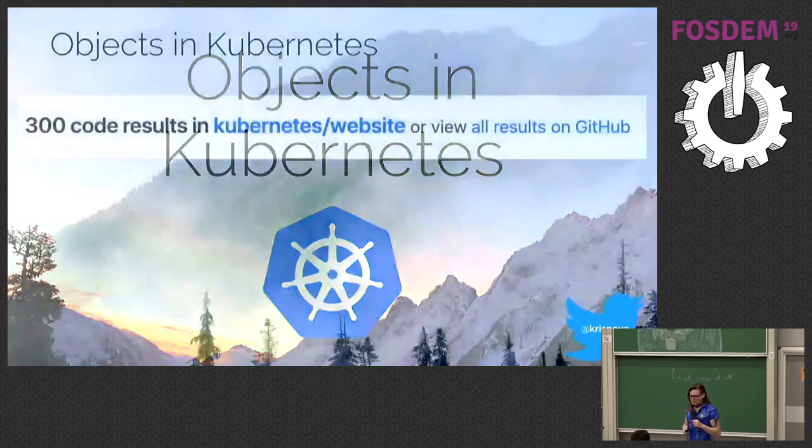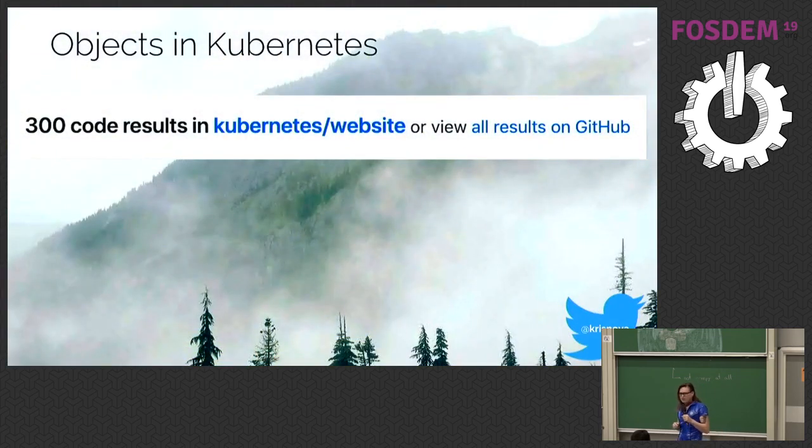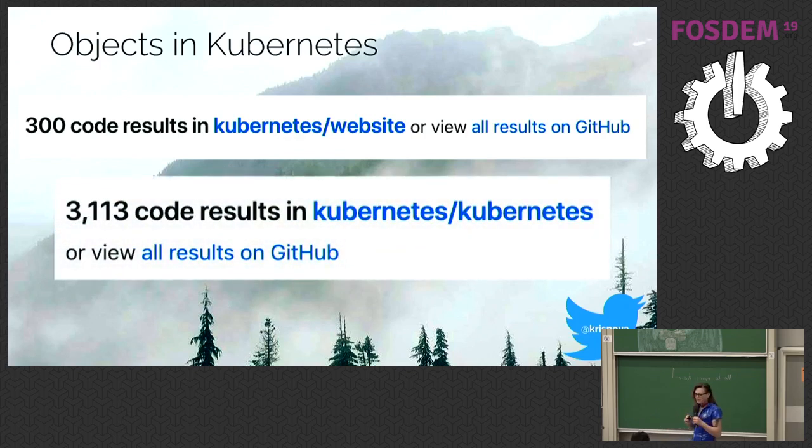So we're going to pull some metrics. If you go to kubernetes.io, it's our documentation site, I actually went into GitHub and did a search, and there's 300 references to the word object, capital or lowercase, in our documentation website. Furthermore, there's over 3,000 references to the word object in the Kubernetes code base.